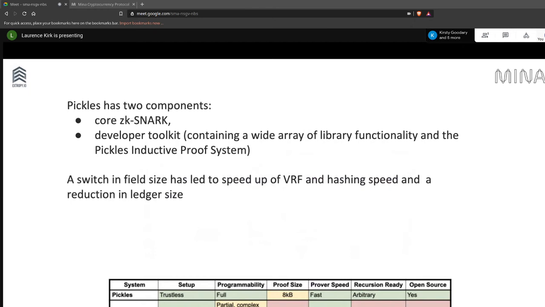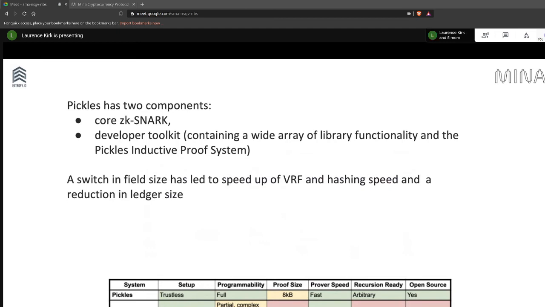Then the other types I've already mentioned, Plonk, used by Aztec, and Groth16 is the breakthrough paper that led to ZK SNARKs and feasible implementations of zero knowledge proofs. But those last two require a trusted setup, which can be more or less feasible or flexible. And as we see, Pickles has a reasonable proof size, about 8 kilobytes.